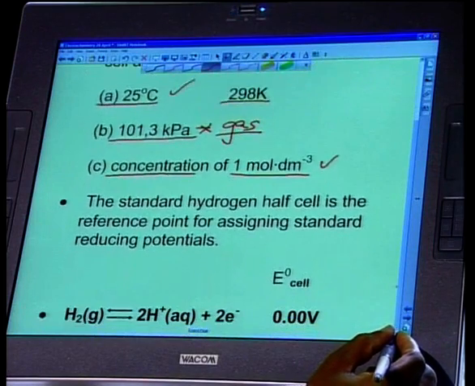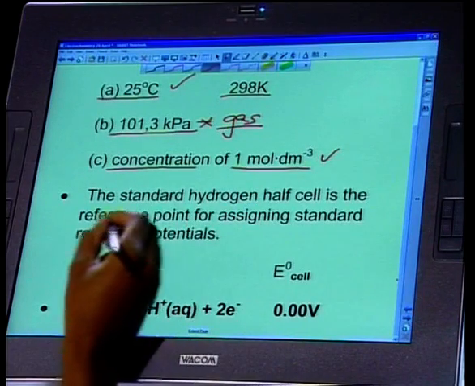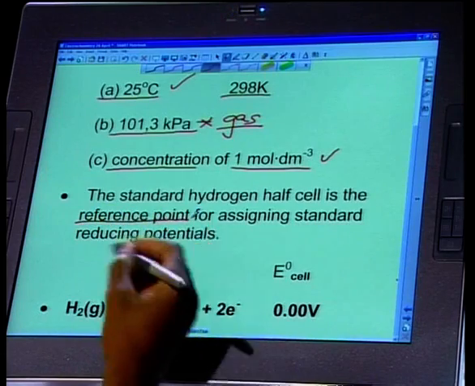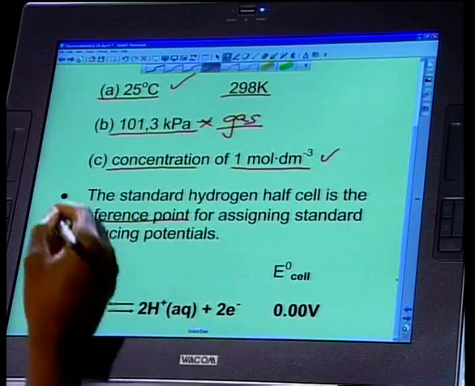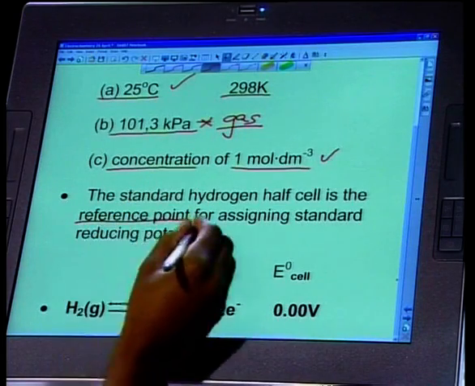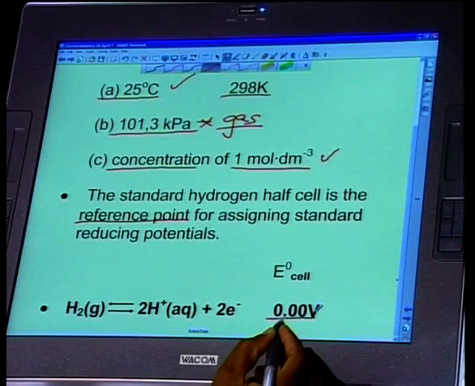Now, the standard hydrogen half cell is what we call our reference point. Okay, so we want to try and find out the potential of the others. And by making the standard hydrogen half cell our reference point, we assign a value of 0.00 volts.